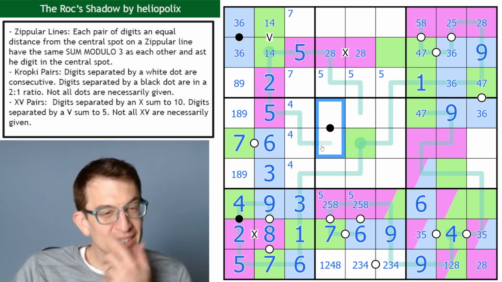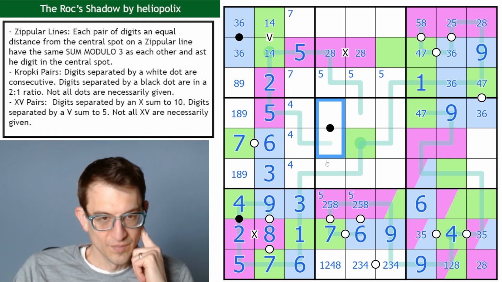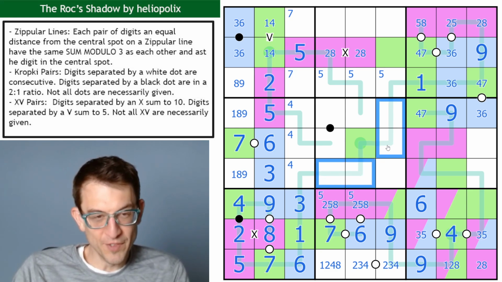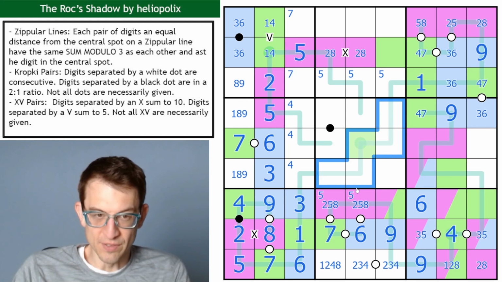Almost nothing happens. Maybe think about it. If these are both blue-green pairs, these can't both be blue-green pairs because then I'm out of greens, so I'll have three greens.